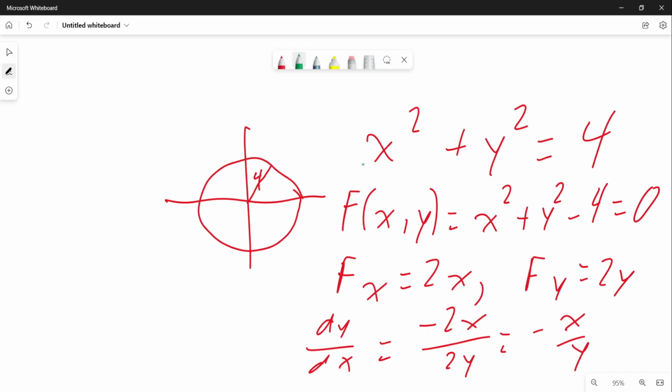And as long as y is not 0, since y equals 0 would be vertical, because it can't be a function around there, because it fails the vertical line test anywhere close to there.